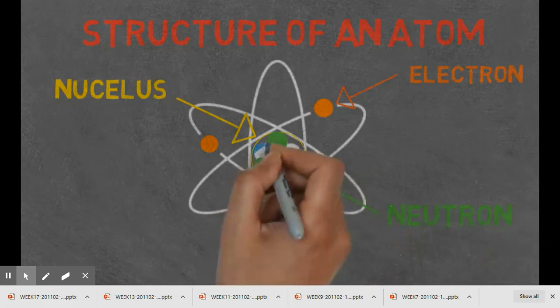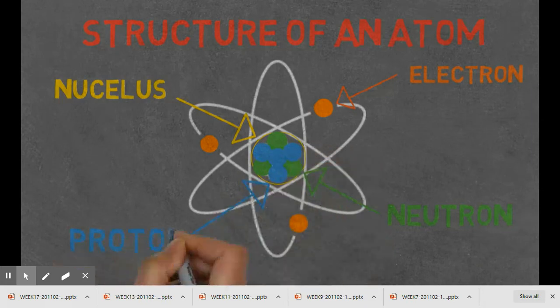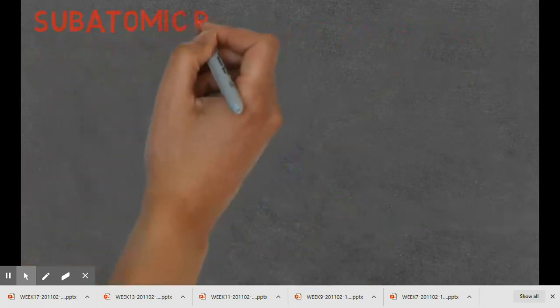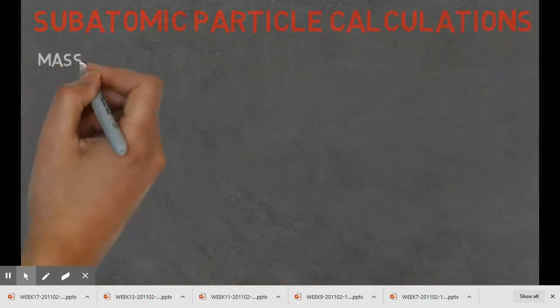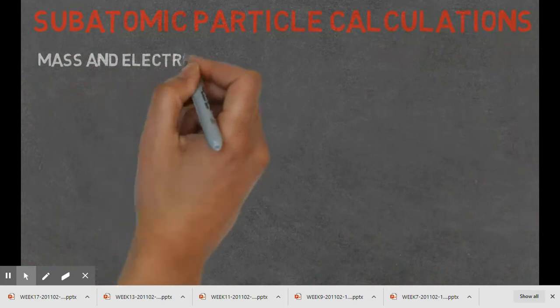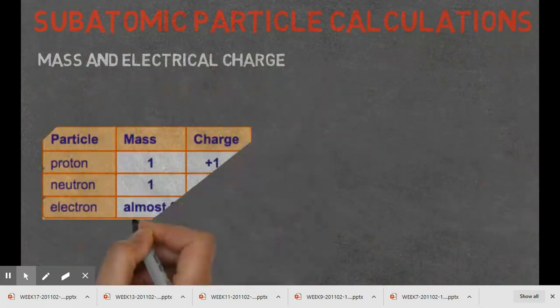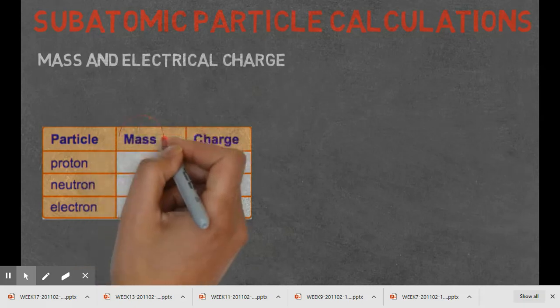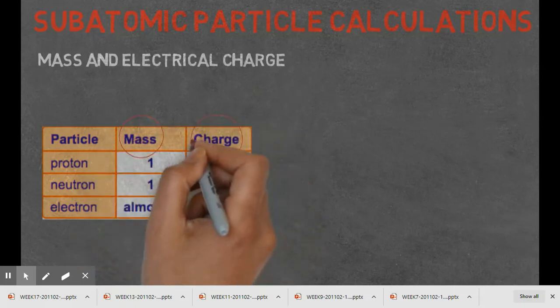So now that we know what an atom is and how it's structured, we can begin to look at calculating subatomic particles. Each particle has two properties, a mass, so how heavy it is, and a charge. This can either be positive, negative, or neutral. If we look at the proton in the table, you can see that it has 1 for mass and a positive charge.